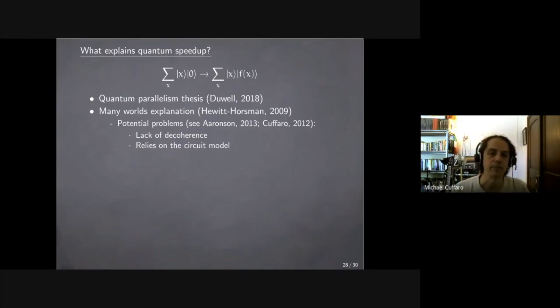On the one hand, we have the lack of decoherence in a quantum computation. Of course, there is decoherence in the sense that we can't perfectly shield a computer from the environment. But by lack of decoherence, what I mean is that generally, quantum computation is going to entangle its qubits, and in order for the computation to work properly, those qubits need to remain coherent for the length of the computation.